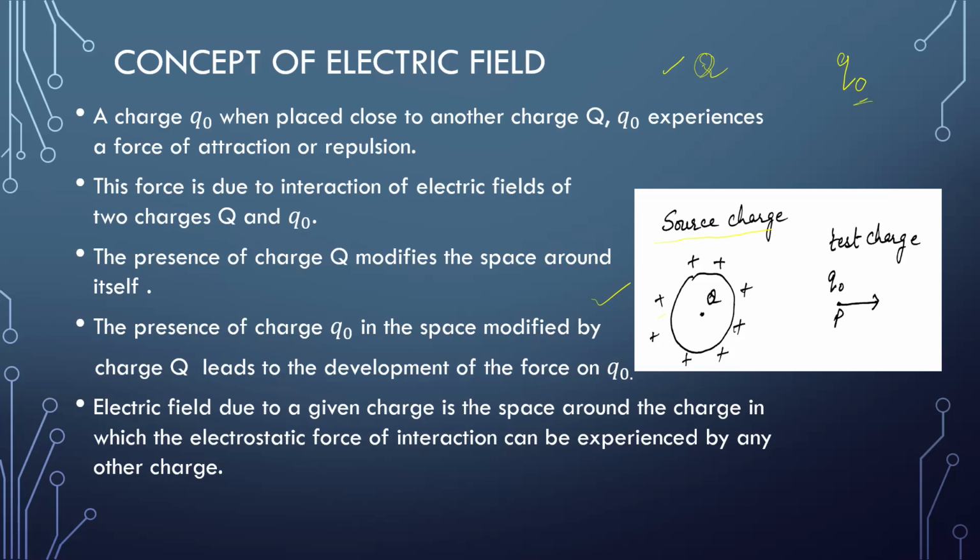The source charge is producing some space around it, within which if I place the charge q naught, that charge q naught will experience a force of attraction or repulsion depending upon the nature of the source charge capital Q. This small q naught is called the test charge, and the test charge is considered to be a positive charge according to the convention.